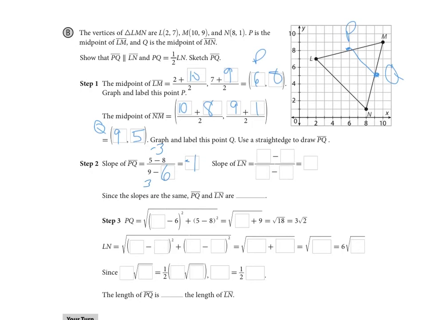And the slope of LN, going back to the original coordinates, L and N, would be 1 minus 7, the y coordinates difference, all over, subtracting in the same order, 8 minus 2, which is negative 6 over 6, or also negative 1. So since the slopes are the same, we know that PQ and LN are parallel. We've proven the first thing that we need to prove.